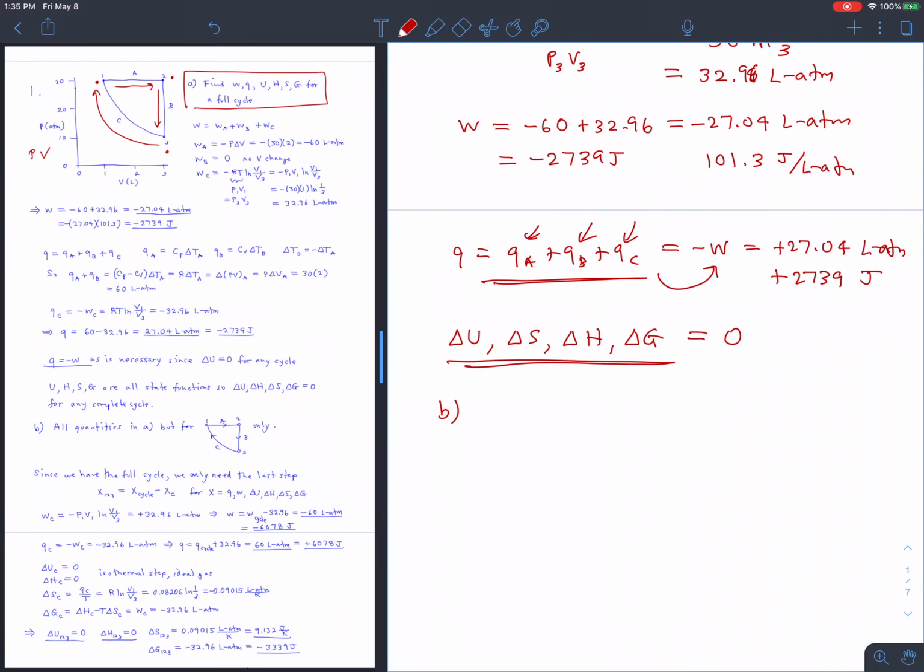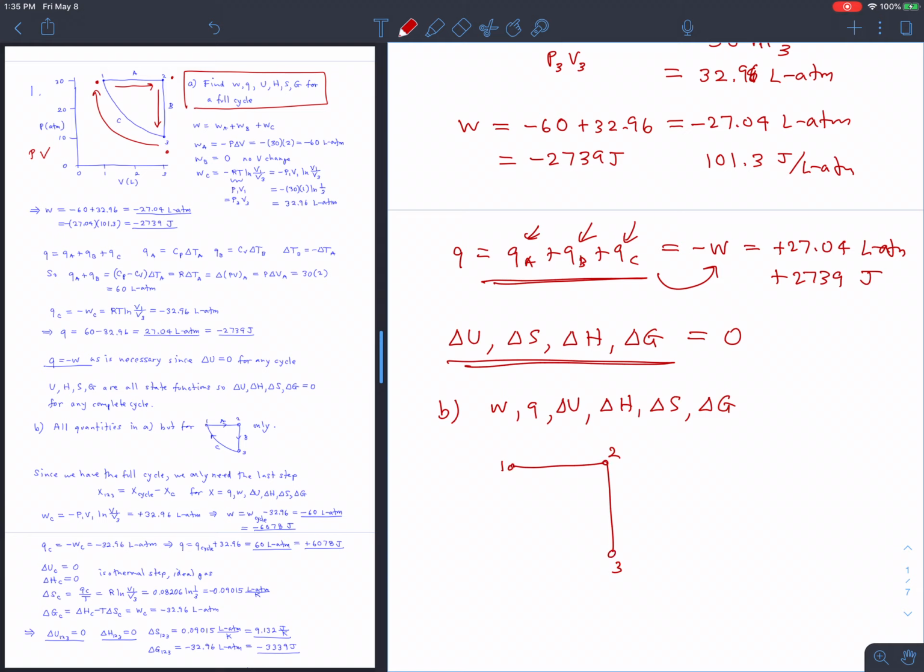Part B is to do the same set of calculations, work and heat, and change in U, change in H, change in S, change in G. I think that's all of them. But not for the full cycle now, just for the first 2 steps. So from step 1 to step 2, and then finally to step 3.